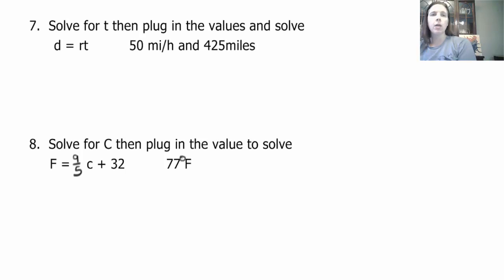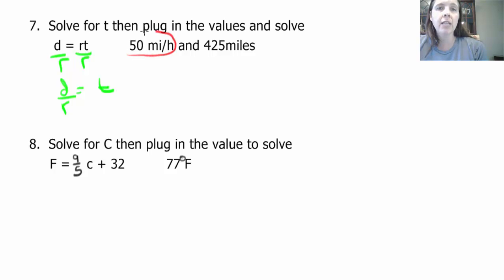A few more. So now, you have to follow the directions here. So here it says solve for T, then plug in the values and solve. If it doesn't tell you to solve for T first, you could plug them in and solve that way. But it tells you to solve for T first on D equals RT, so we want T all by itself. We're going to divide by R, so T equals D over R. And then we're going to plug our numbers in.